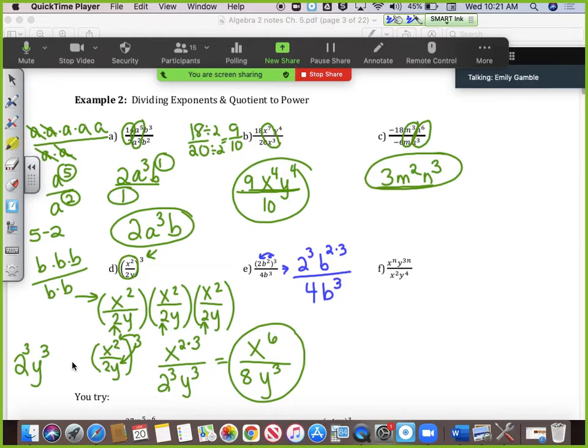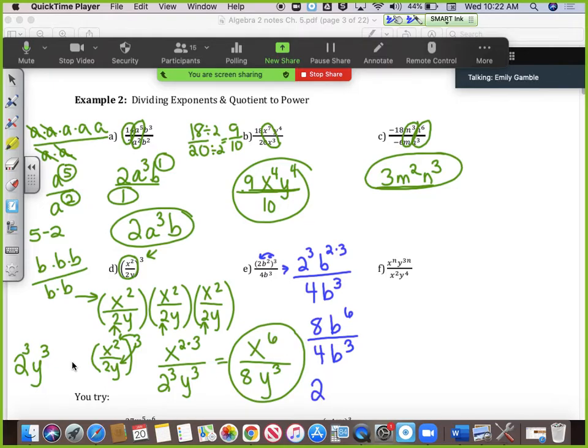So simplifying this further, 2 to the third power is 2 times 2 times 2, that is 8. b to the 2 times 3 is really just b to the 6th power. And then we have all over 4b to the third power. Well, this one's going to work out nicely because when I simplify my coefficients, 8 divided by 4 is 2.